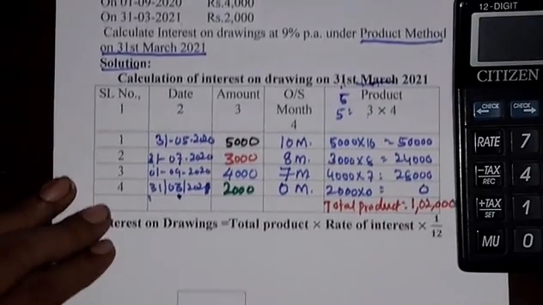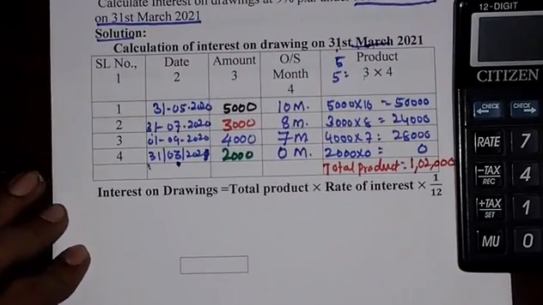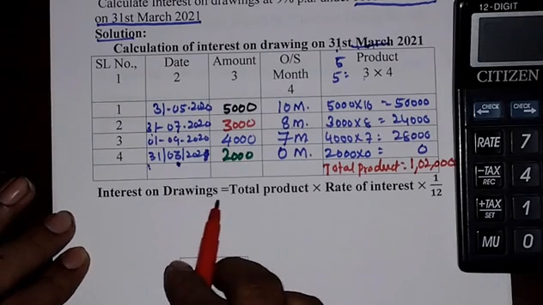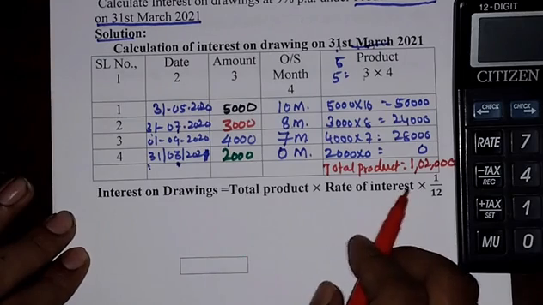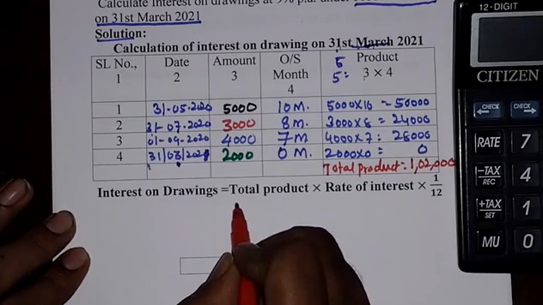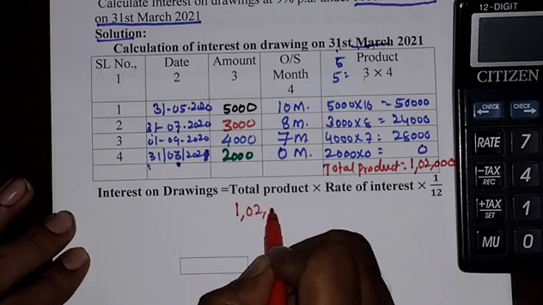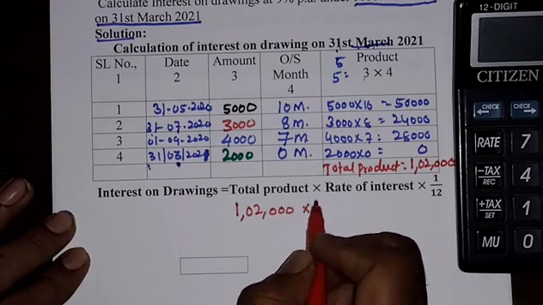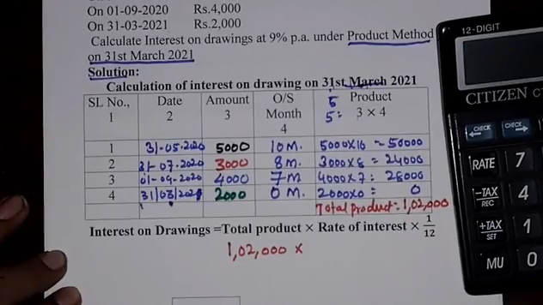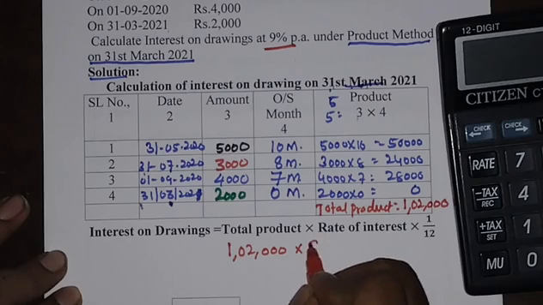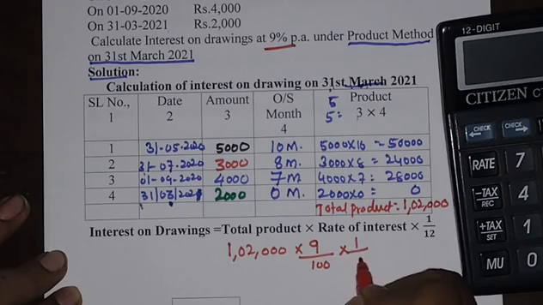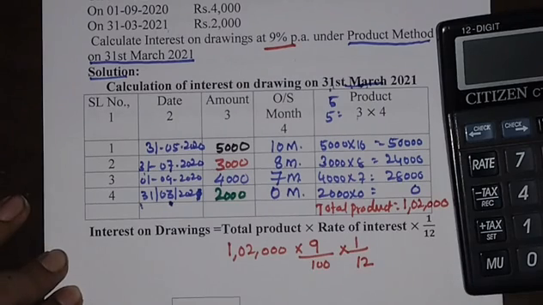Now working out of the problem. What is the formula for this? Interest on drawings is equals total product into rate of interest into 1/12. The total product we got is 1,02,000 into the rate of interest given at 9% per annum, so 9 divided by 100, into 1/12.